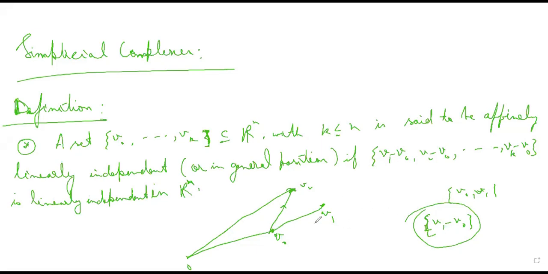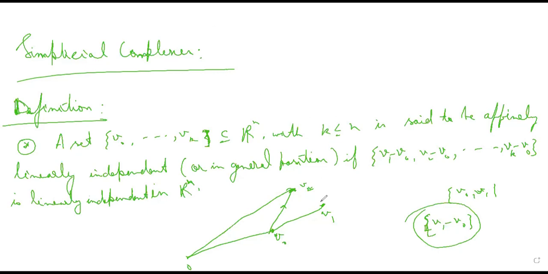The question is, are these two vectors linearly independent? Yes, we can verify that they are linearly independent. Basically, they are not collinear, so they are linearly independent. So these 3 points V0, V1, and V2 are in general position. They are affinely linearly independent.